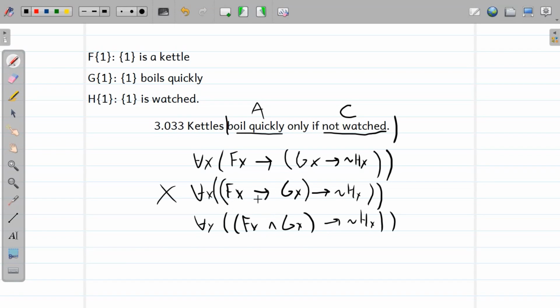Whereas we don't want this whole conditional to be satisfied by anything that's not a kettle. We want to include the requirement that it also be boiling quickly. So that's good, and that's good.